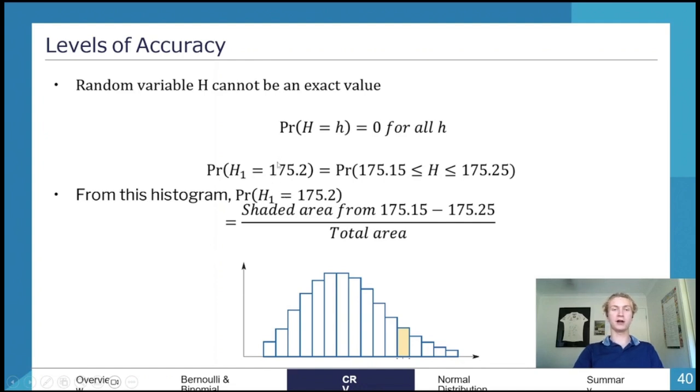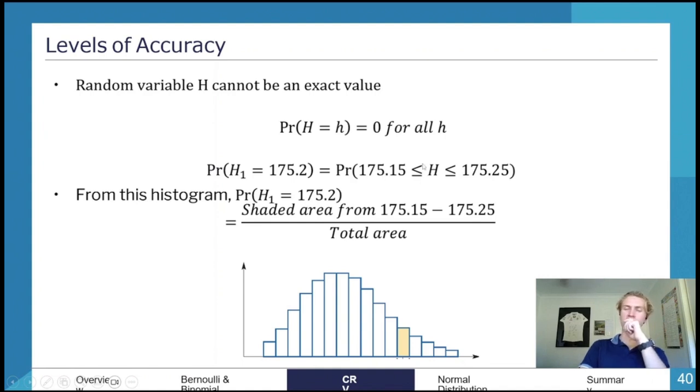For example, if I asked you about a person at a height of 175.2, measuring to millimeters, that 0.2 is millimeters. That is equal to the probability that they're between 175.15 and 175.25. So I want you to rephrase it in terms of the probability that it's between 175.15 and 175.25.